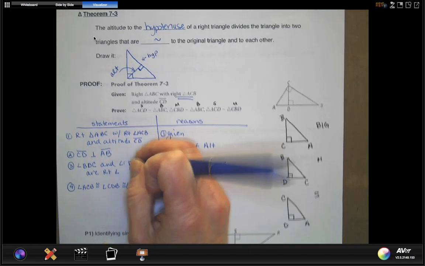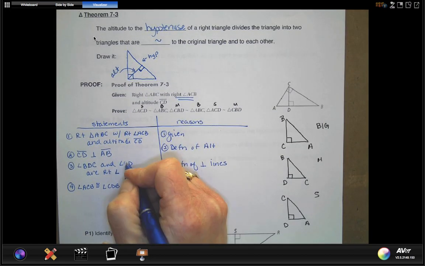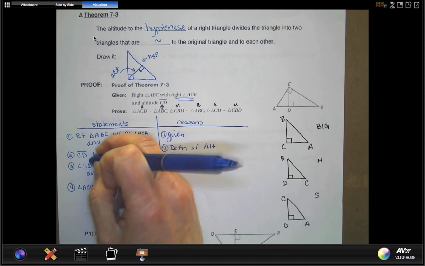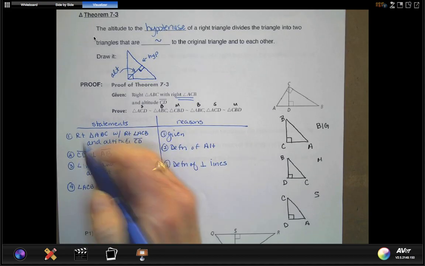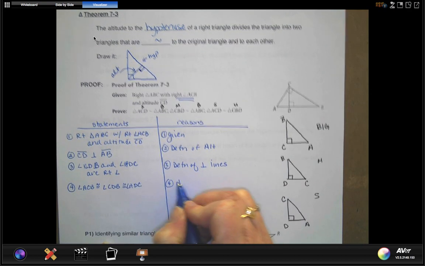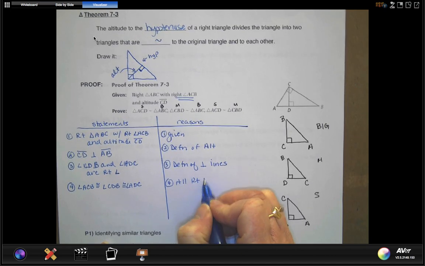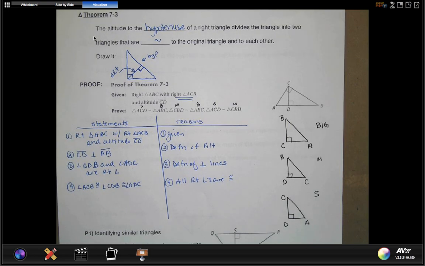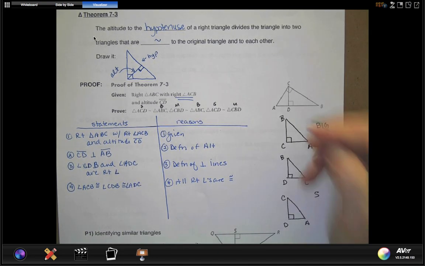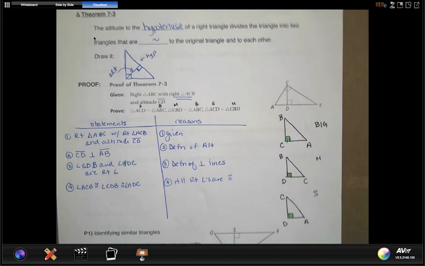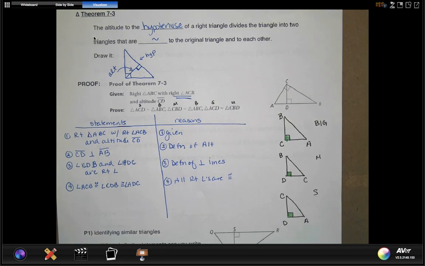If it makes you feel better, I'll go back up here and change these letters, but really, we're just talking about the same angle. And here I can just say all right angles are congruent. So right now, I have all these angles here being congruent, okay?